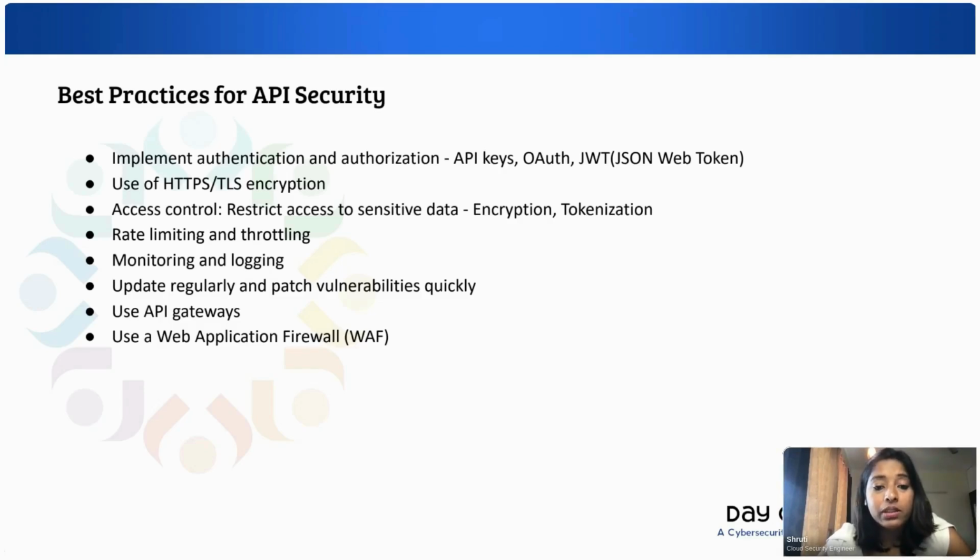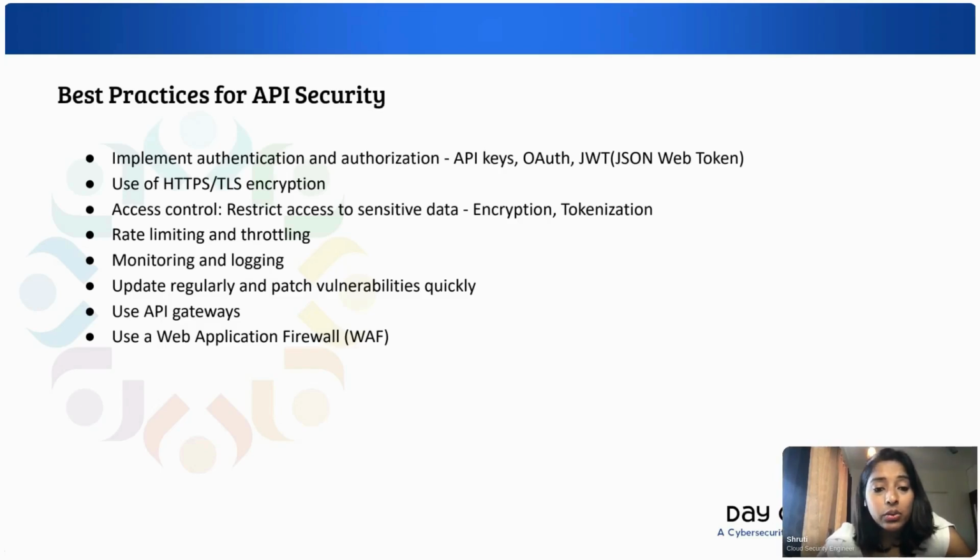For these, we can enable two-factor authentication, 2FA, to provide an extra layer of security. A few examples are API keys, OAuth, and JSON Web Tokens. So these are the measures we can take for authentication and authorization.